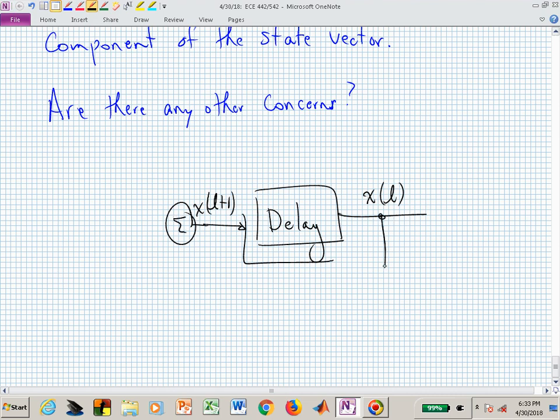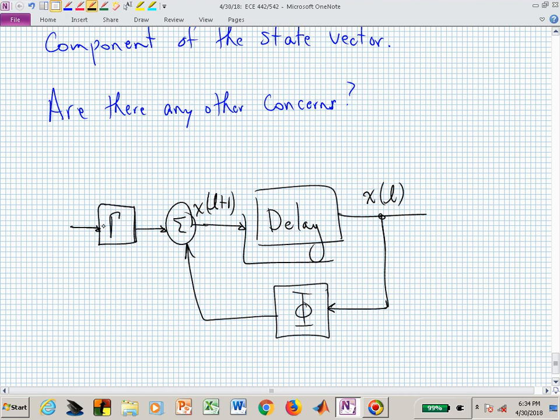And building that up, x of L plus 1 is equal to phi x of L plus gamma u of L.